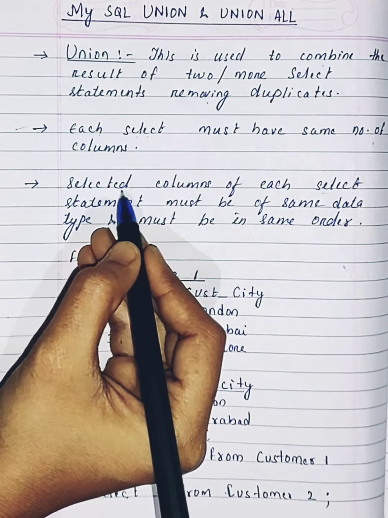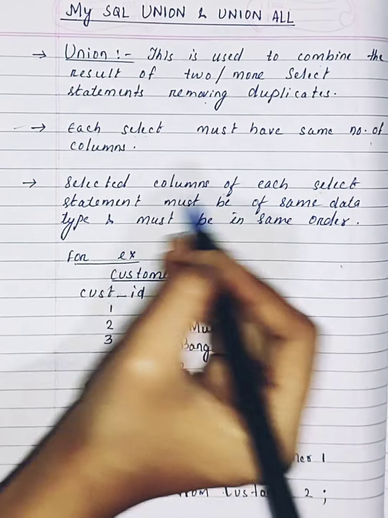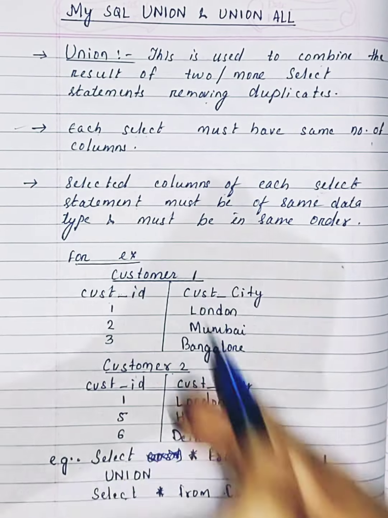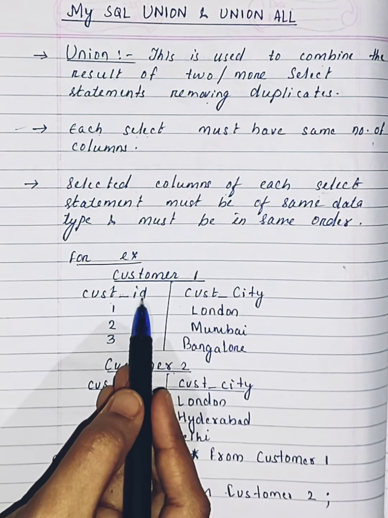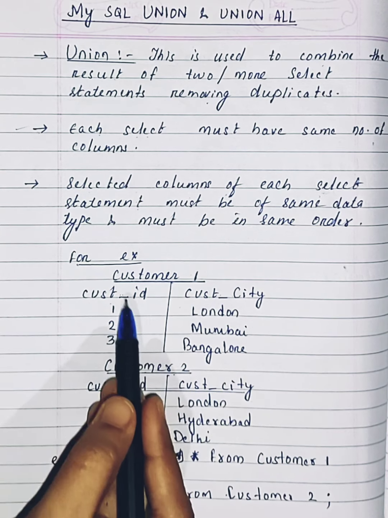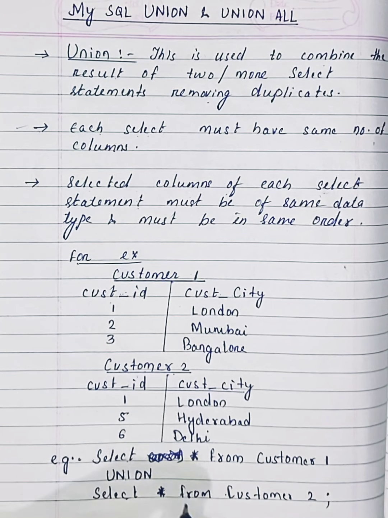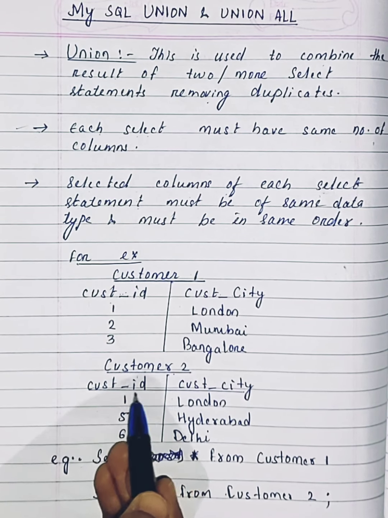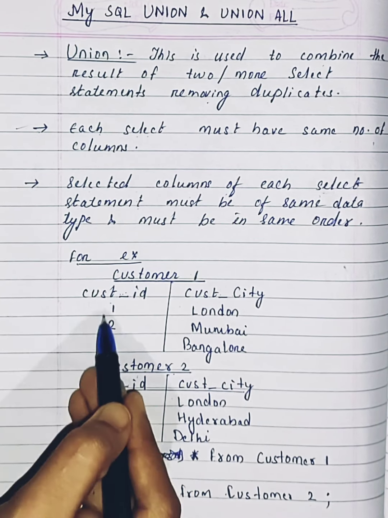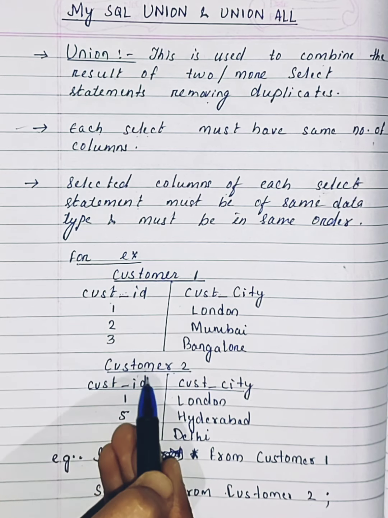Then the third condition is the selected columns of each select statement must be of the same data type. For example, here the cust ID is of a certain data type, so the second select should contain the same column name with the same data type.